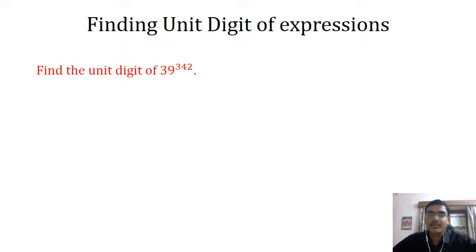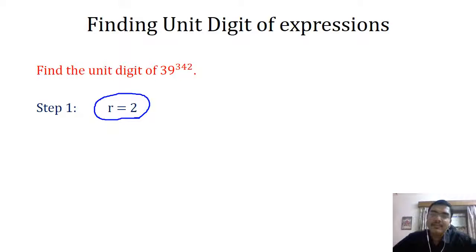Just try out another question. Here we have a 2-digit number and its power is 342, an even power. First of all, we are required to find the remainder. When we divide 342 by 4, what remainder do we get? We get a remainder of 2.